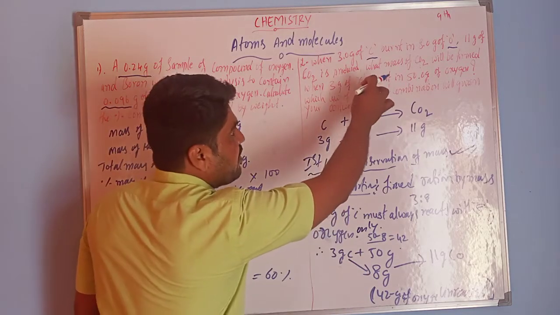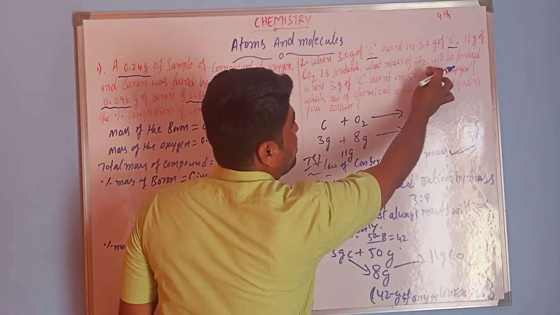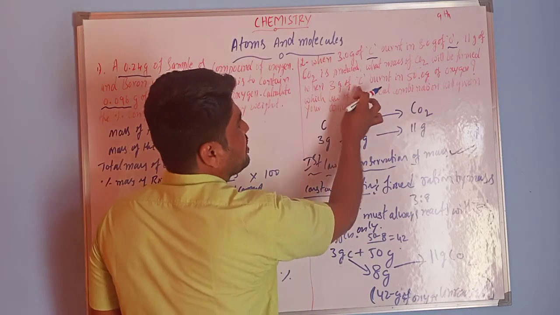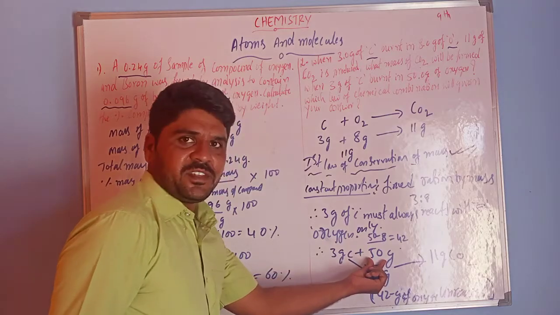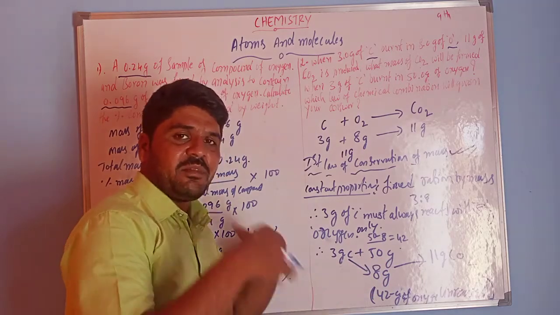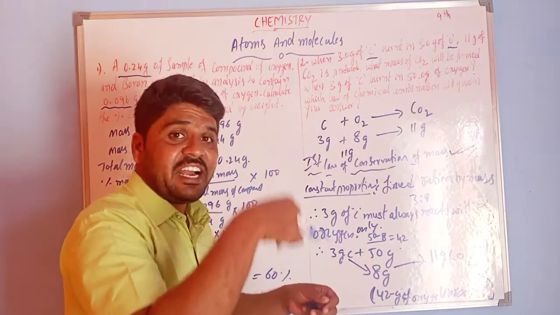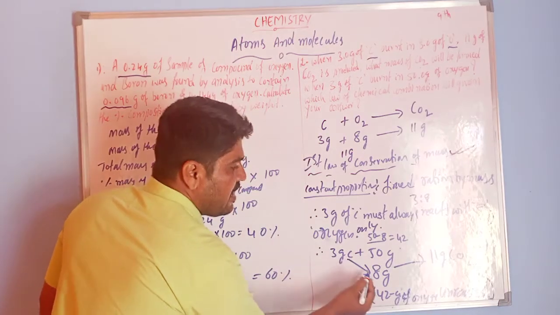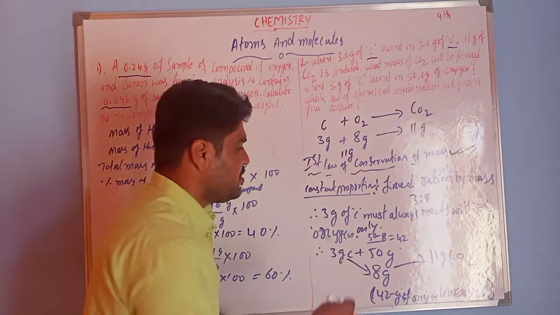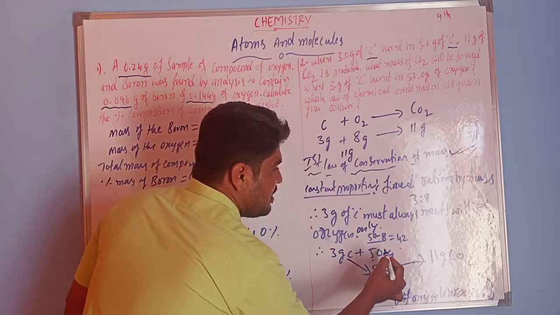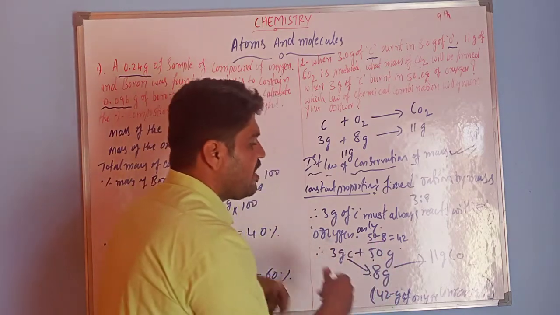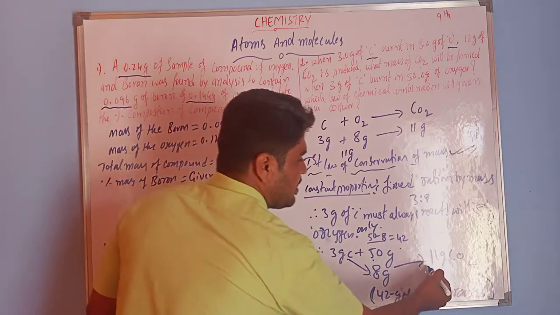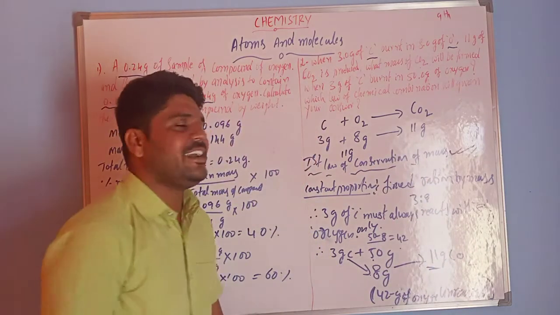In the first part, what mass of carbon dioxide will be formed when 3 grams of carbon is burnt in 50 grams of oxygen? The oxygen mass may be 50 grams or maybe 100 grams, but the carbon reacts with only 8 grams. That's why in 50, only 8 grams react and 42 grams are unreacted, and it produces 11 grams of carbon dioxide only.